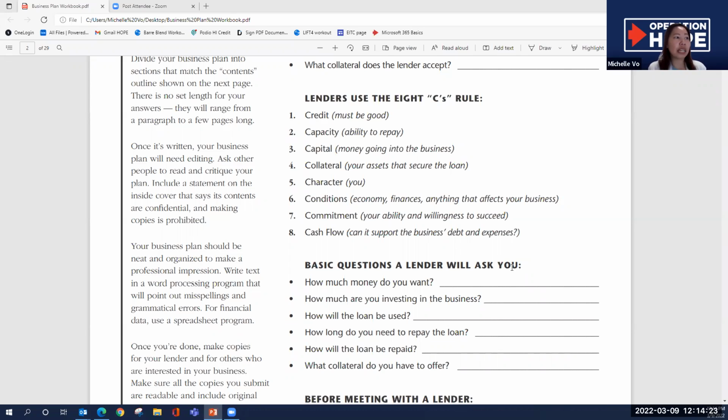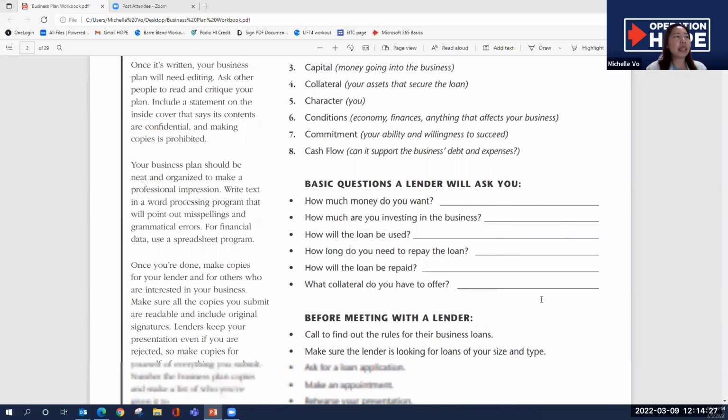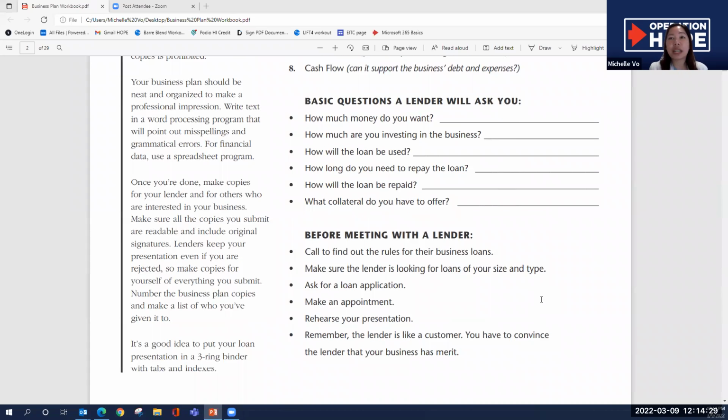Your cash flow: can it support the business debt and expenses? These are just some basic questions the lender will ask you. They will definitely ask you more than this, by the way.